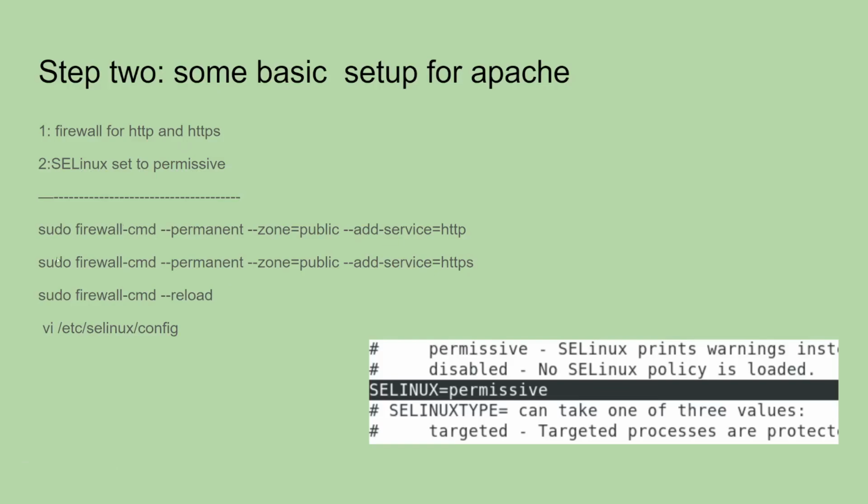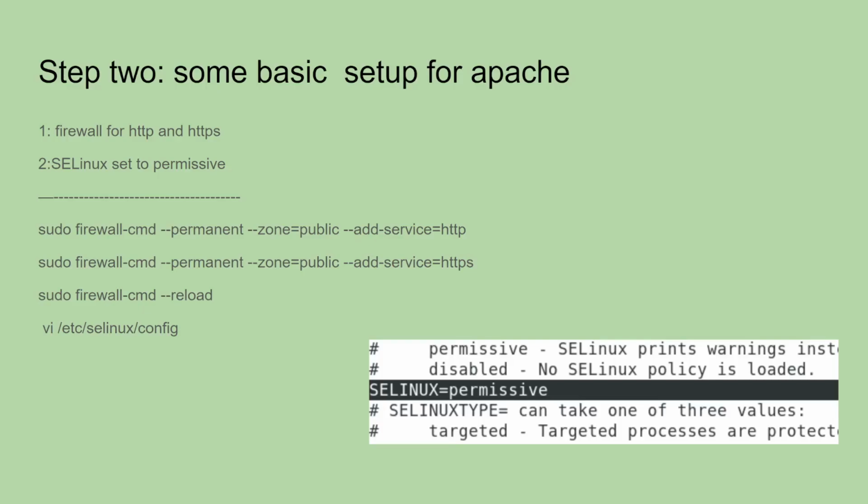So this is the firewall command. And to set SELinux permissive, just edit this config and set SELINUX equal permissive, and then save this config.